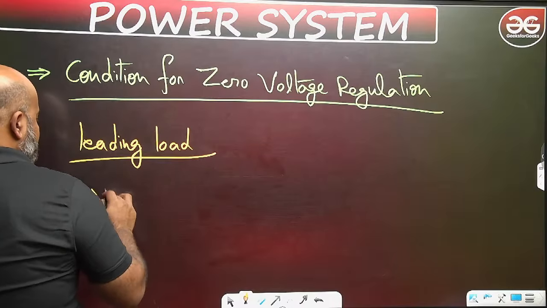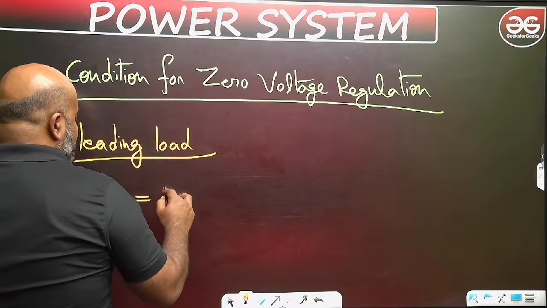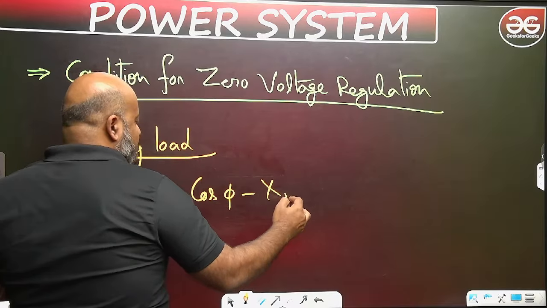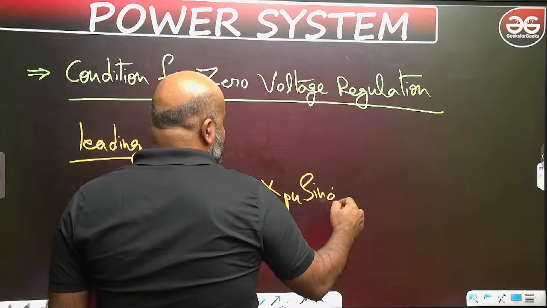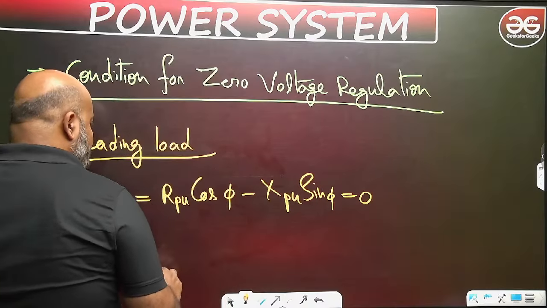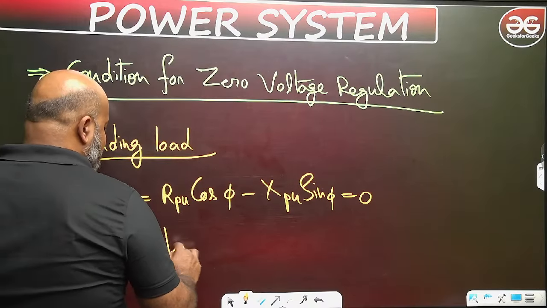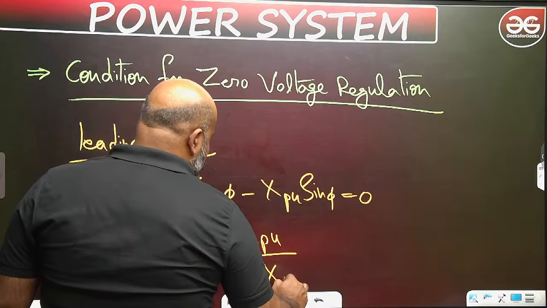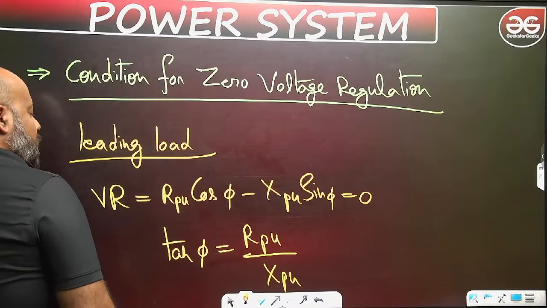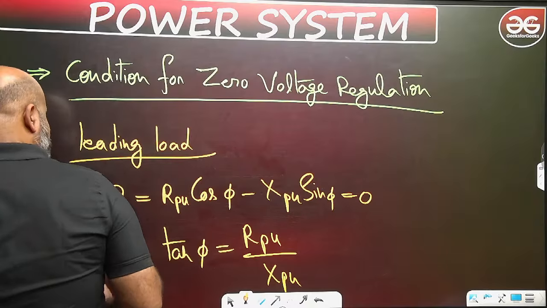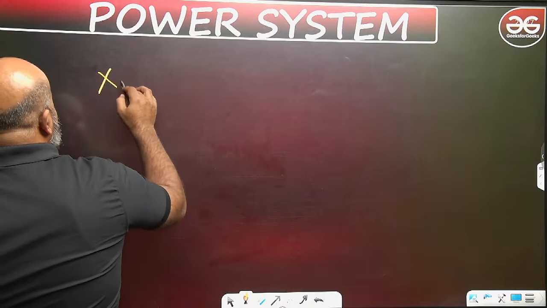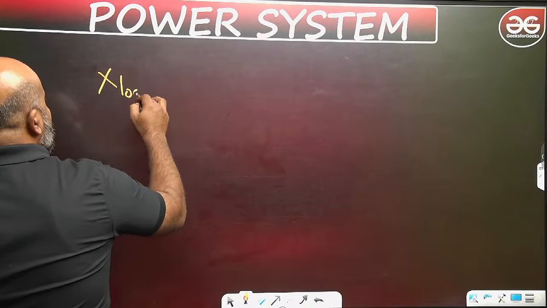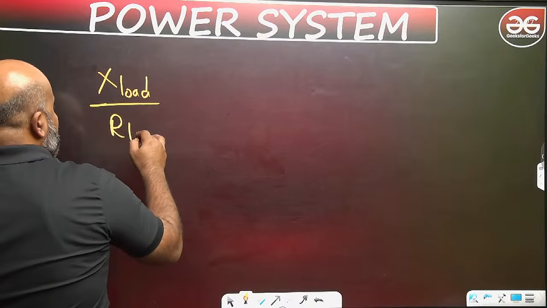So, which formula are we going to use? It is R per unit cos phi minus X per unit sin phi equal to 0. Directly, tan phi becomes equal to R per unit upon X per unit. Sir, what is tan phi? Tan phi is X load upon R load.